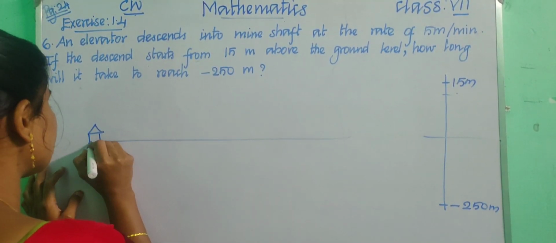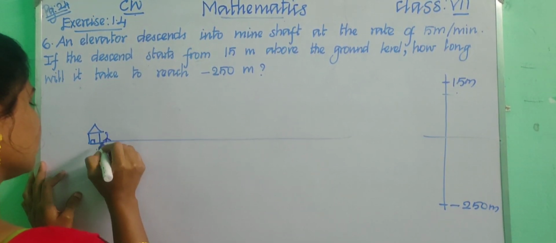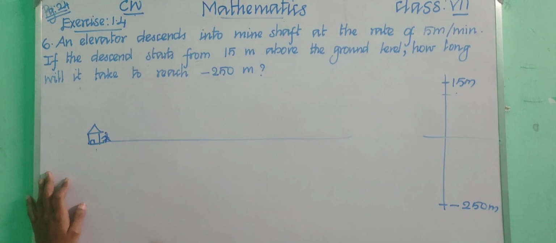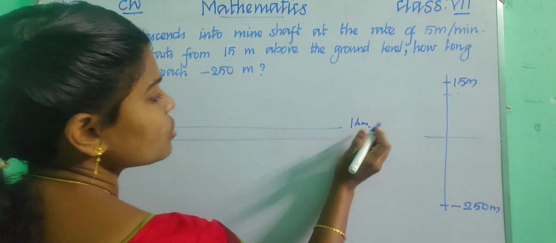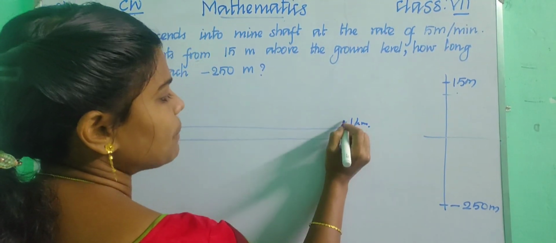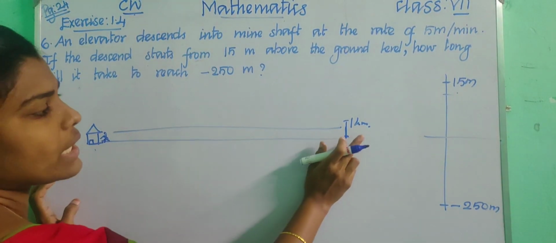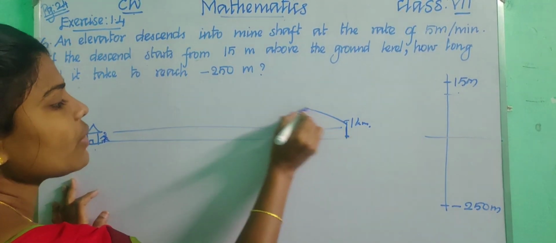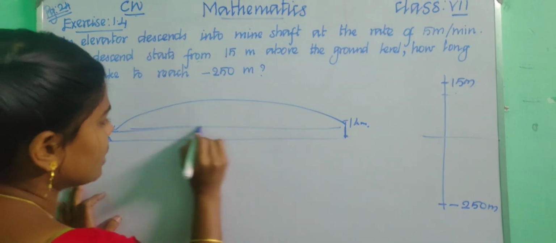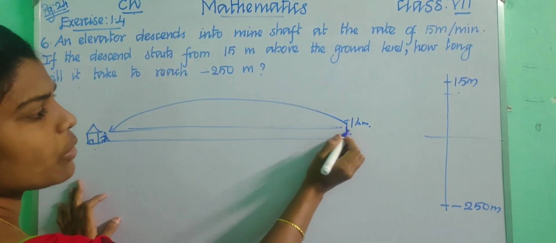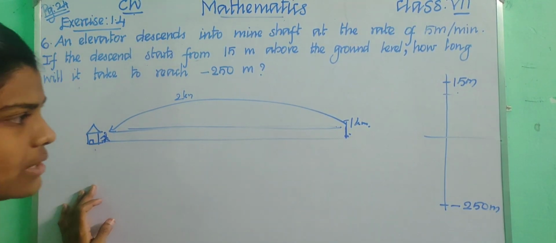You jog 1 kilometer to a landmark, a playground or somewhere, and again you return back to your house. So you go to the playground and return back, so we can say it is 2 kilometers, right.